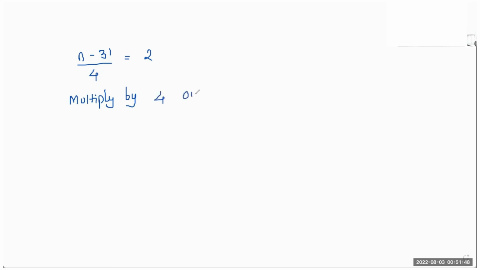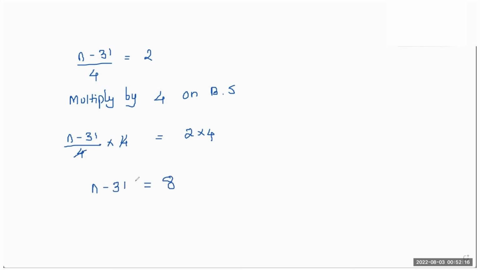Multiply by 4 on both sides. So I have n minus 31 divided by 4 multiplied by 4 equal to 2 multiplied by 4, correct? Can I cancel this 4 and 4? What will I be left with? I will be left with n minus 31 equals 8.